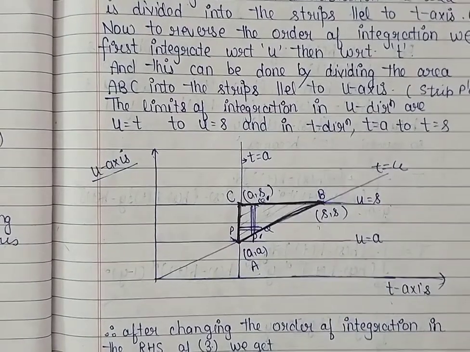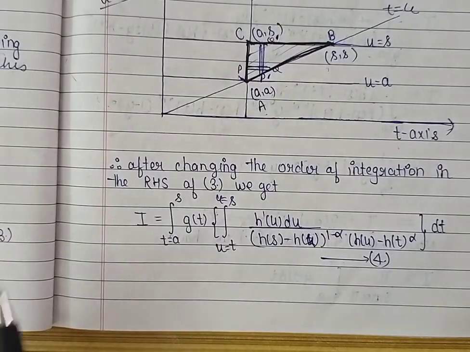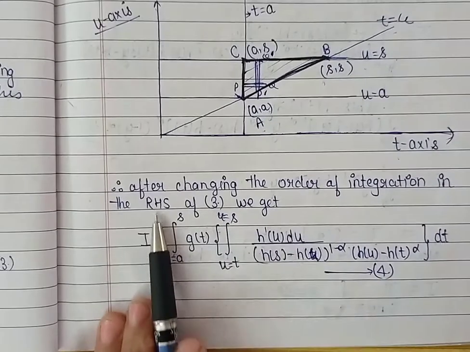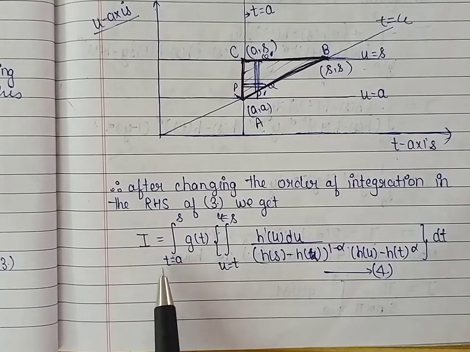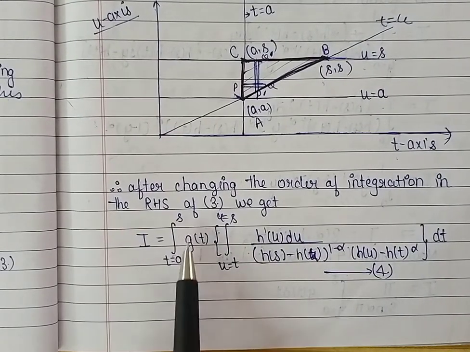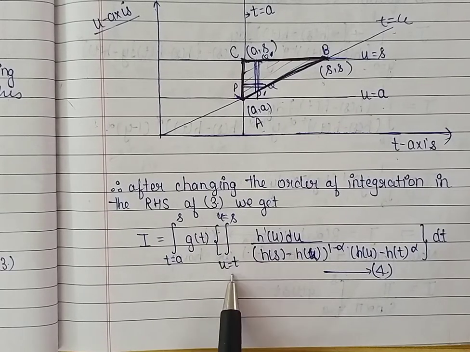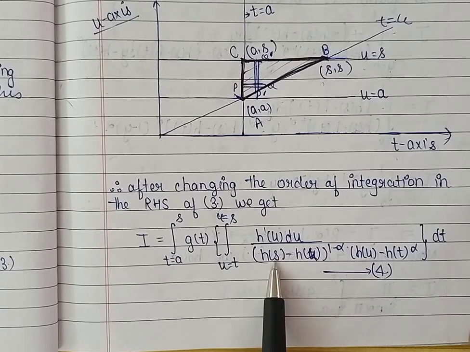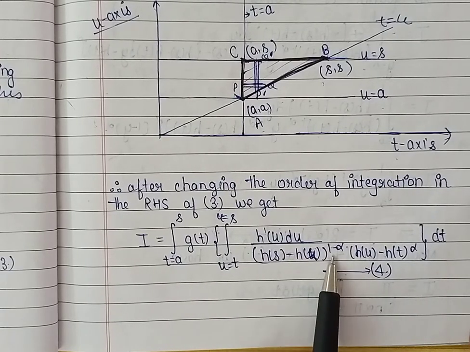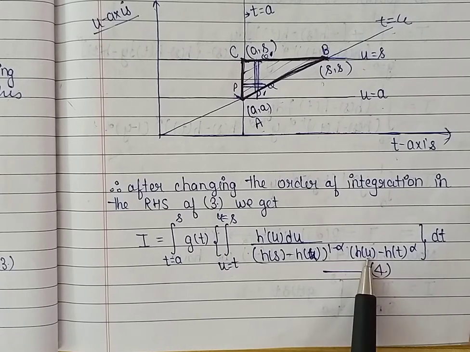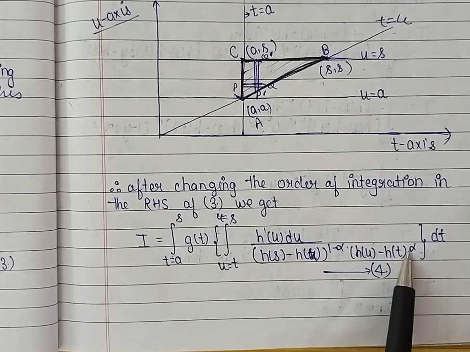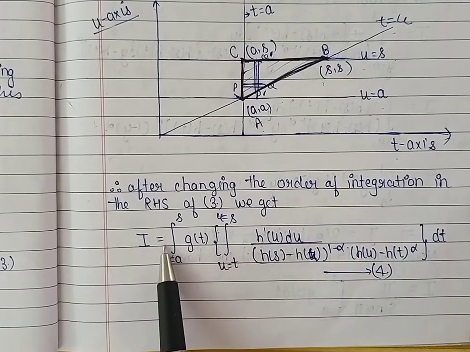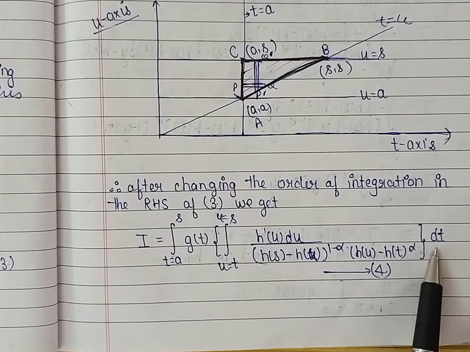Now, after changing the order of integration, the right hand side of equation 3 becomes the integral t is equal to a to t is equal to s of g(t) times the integral u is equal to t to u is equal to s of h'(u) divided by (h(s) minus h(u)) whole raised to the power 1 minus alpha into (h(u) minus h(t)) whole raised to the power alpha. Now this integral is with respect to u, and this integral is with respect to t.